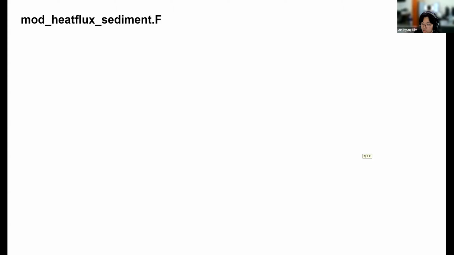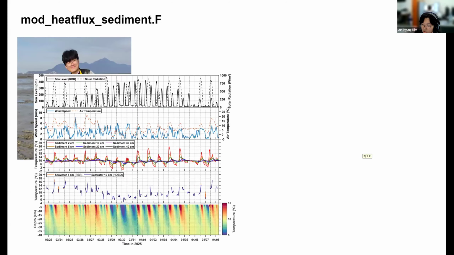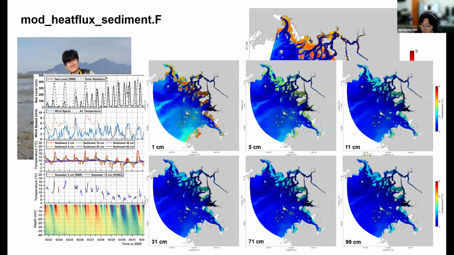To use this, I did field observations on a tidal flat, and from that, I tried to calculate parameter values such as volumetric heat capacity or vertical thermal diffusivity. I also used satellite data to estimate tidal flat skin temperature and created the initial condition for sediment temperature.